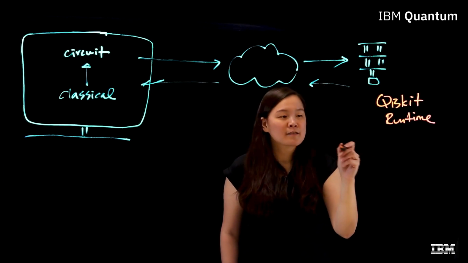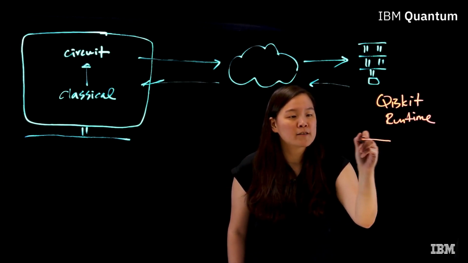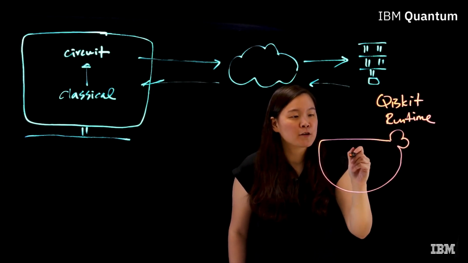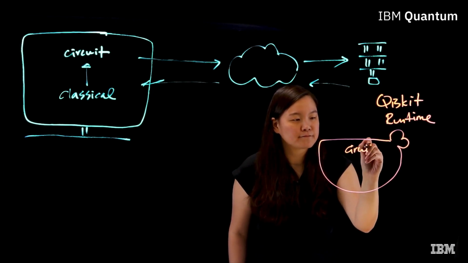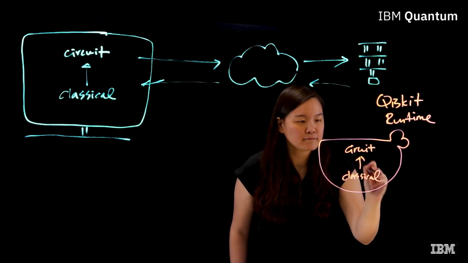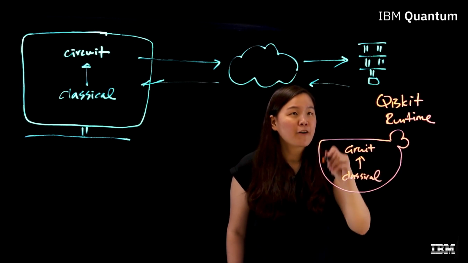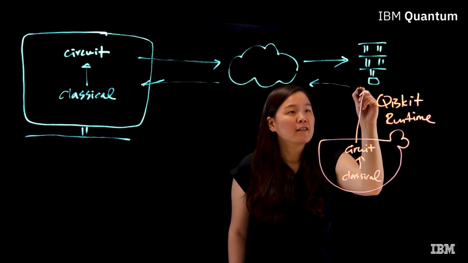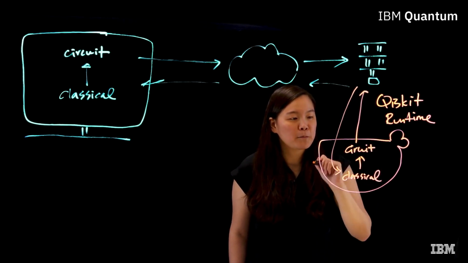Qiskit Runtime takes quantum programs and all their dependencies and packages them in a containerized execution environment. This environment is close to the quantum hardware, so it can reduce the latency by creating a tight loop.